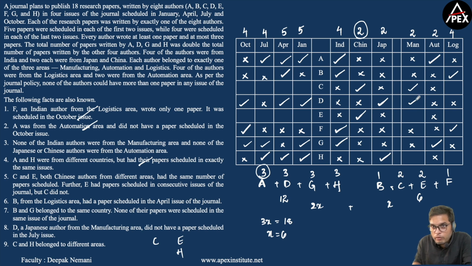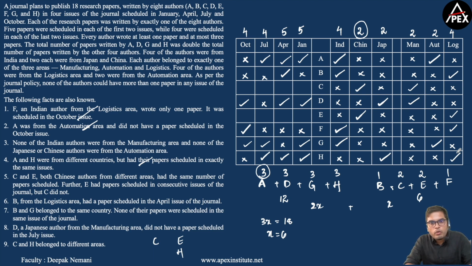So we already have two persons from manufacturing. So C is not from logistics and E and H are from logistics area. Now we have the data with respect to the countries and areas that these 8 authors belong to and also the number of research papers written by all these 8 authors. And now we need to fill the left hand side table.